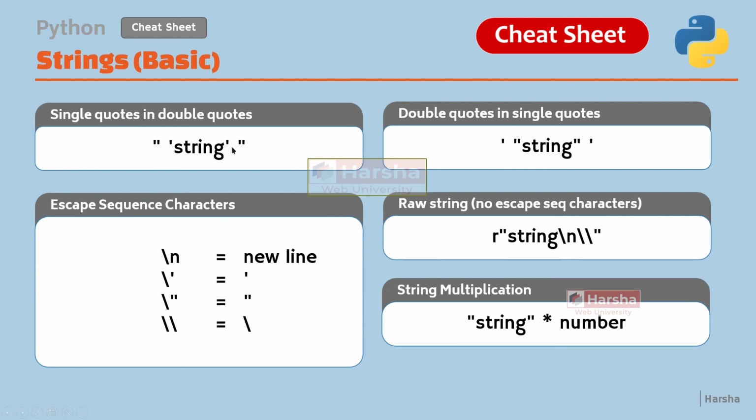And single quotes within double quotes and double quotes within single quotes, and then possible escape sequence characters. For example, if we are using \n, we are getting a new line, that means the cursor on the next line, and raw string to use the \ as it is, and string multiplication to repeat the string.